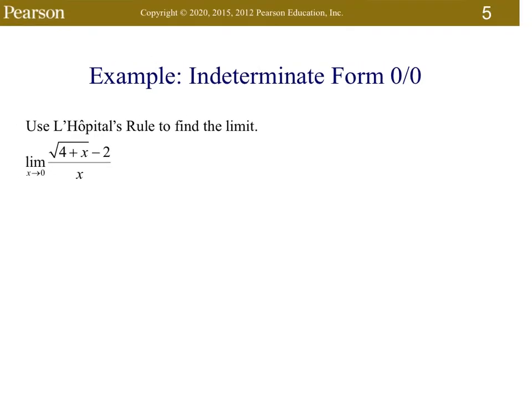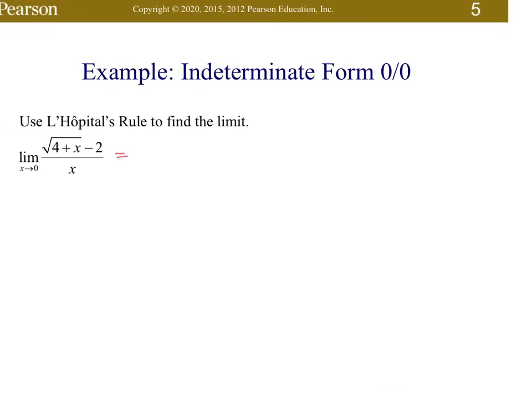So we would start this by just substituting, and we'd say 4 plus 0 minus 2 over 0. So rad 4 minus 2, so 0 over 0. So clearly state that the indeterminate form is achieved, and so therefore L'Hopital is validated, that you can use it.